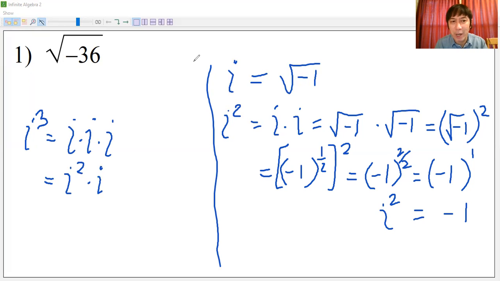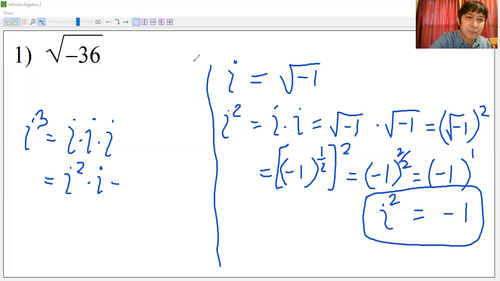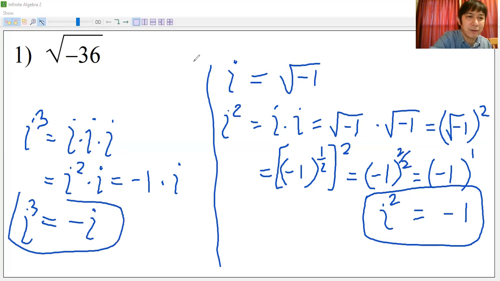Now, we know very well that i squared is -1. So that means we can replace the i squared with a -1, and we have -1 times i. Therefore, we know what i cubed means. That means -1 times i, or simply negative i. So i cubed is -i.